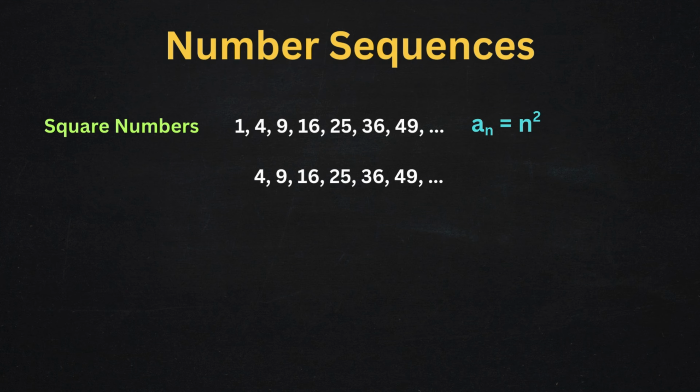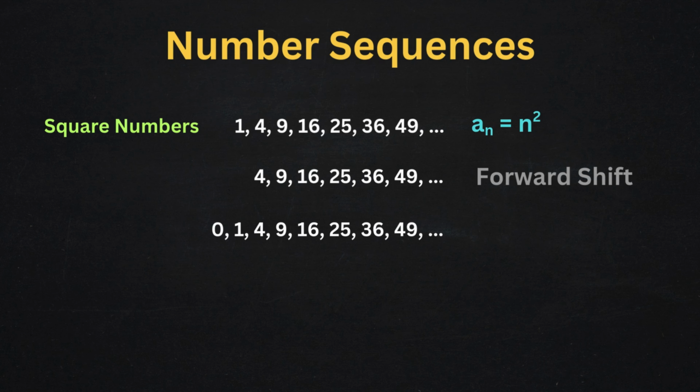Remember, if the sequence doesn't start from 1 and it's after 1, we call that a forward shift. If it's before 1, meaning it starts from 0, we call that a backward shift. So, if the sequence starts after skipping 1, for example from 4, 9, 16, it's a forward shift. If it starts from 0, it's a backward shift.